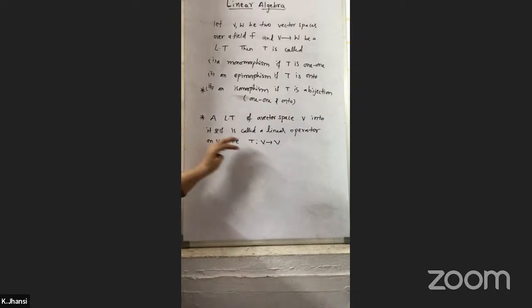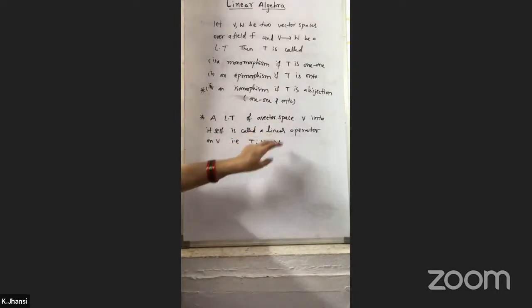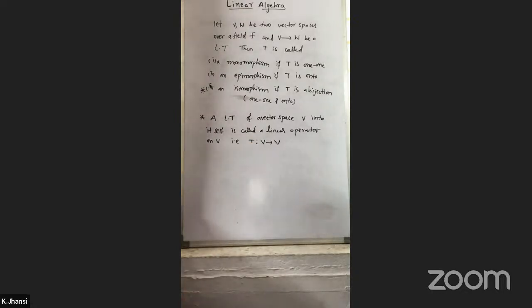So some problems will ask you to find the linear operator, which means whatever the vector space is there, if it is mapping onto itself, then we call it a linear operator.